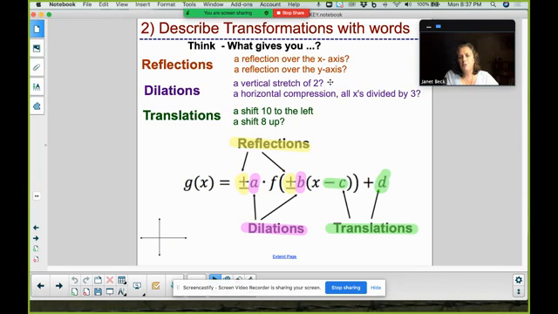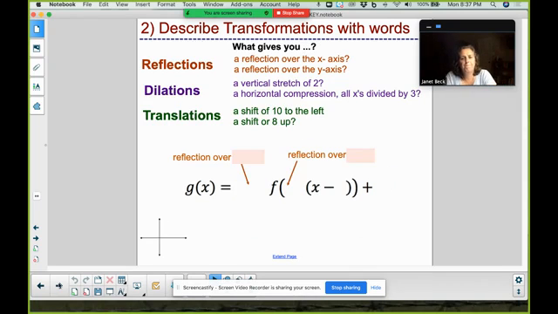That will give it a vertical stretch of 2, a horizontal compression, so that will make all x's be divided by 3. That would shift the whole function 10 to the left and shift it up 8. So have a go at that. Pause your video. Let's see if you've got it right.